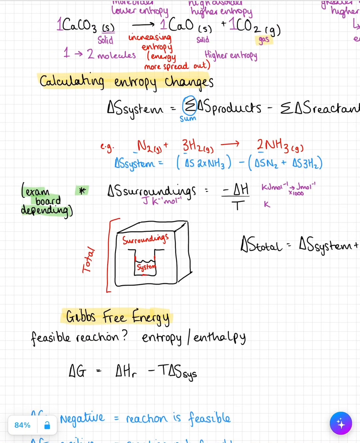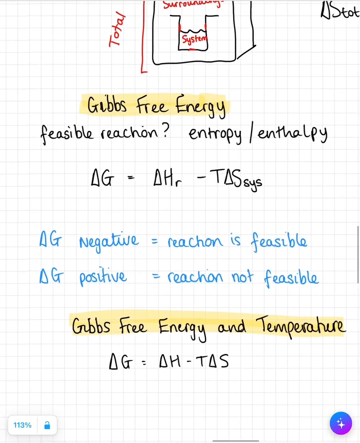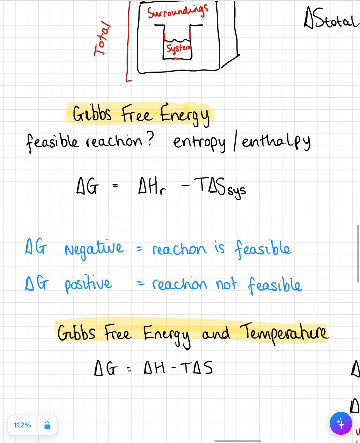So we can understand whether we have a reaction that is feasible or not. So feasibility is, will that reaction go? Feasibility depends on the enthalpy and the entropy. Now the size, or whether they are positive or negative, will give us different values for our Gibbs free energy.